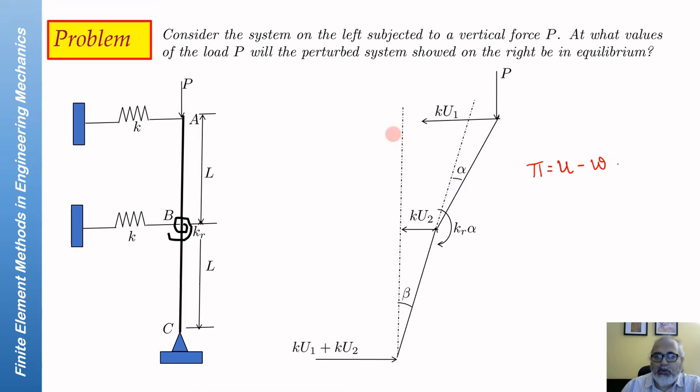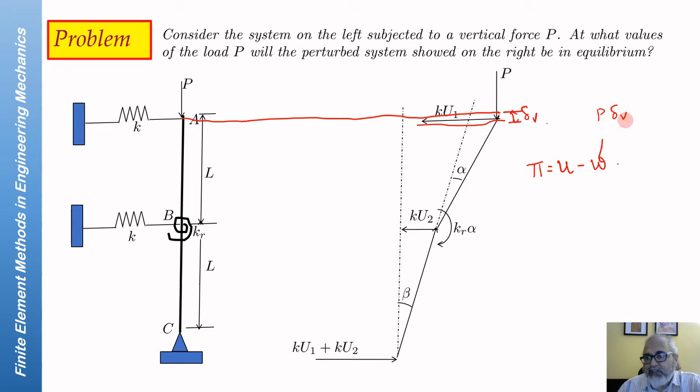The potential of the loads is this point has moved by some distance. So let this distance be delta V, and the potential of the loads is simply P times delta V. We will try to calculate delta V. We'll consider these angles alpha and beta to be small. So again, let me clear this.